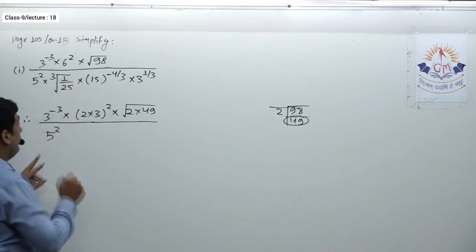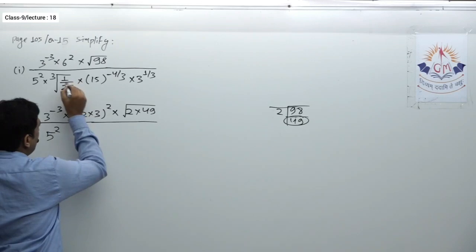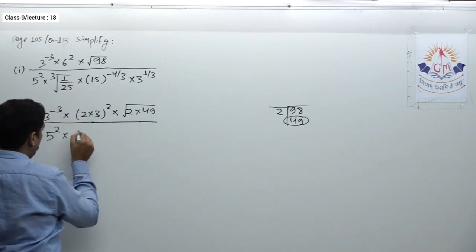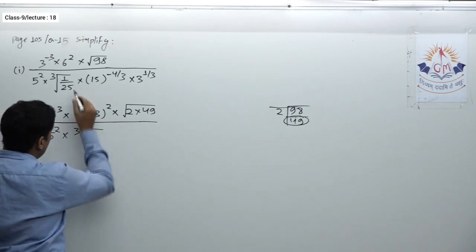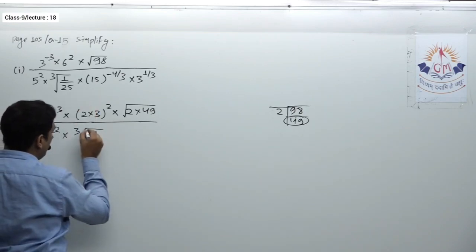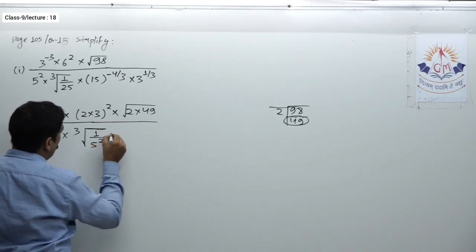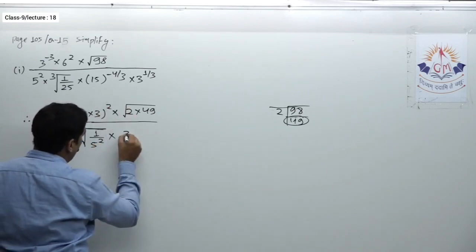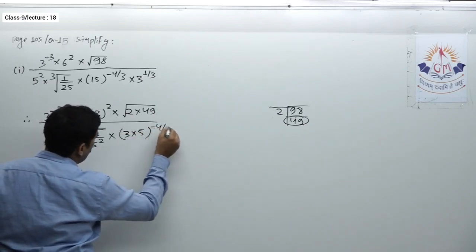Now this is 1 upon 25 and its cube root. First of all I take the cube root as it is, and instead of 1 upon 25, I write 1 upon 5 square. Then over here, 3 multiplied by 5 raised to minus 4 by 3.